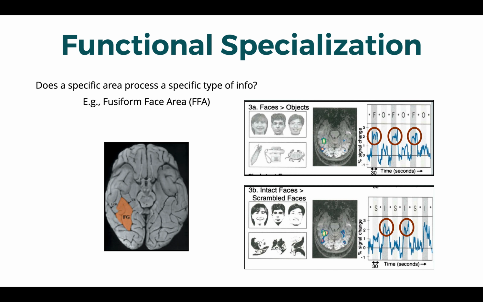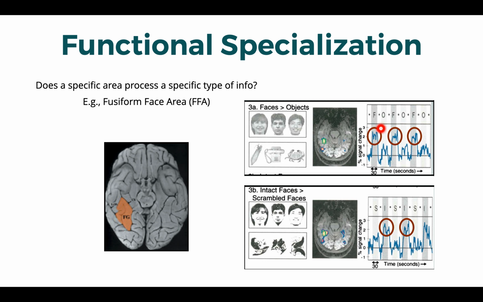It's critically involved in processing faces. So I'll show you here. In this first image, we have upright, intact faces being shown, and we have objects being shown, right? So we're looking at signal change in this fusiform face area.